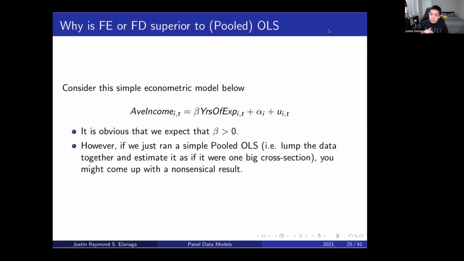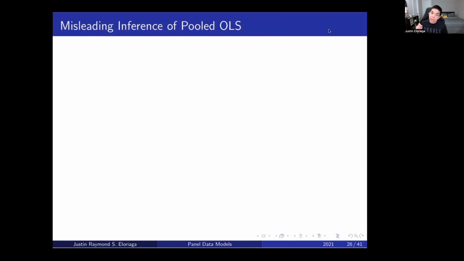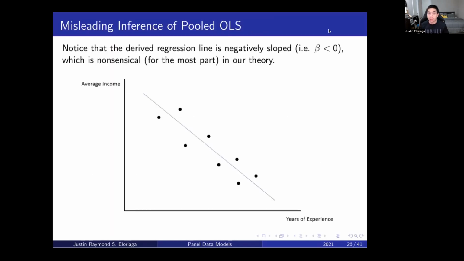However, if we just ran a simple pooled OLS, i.e., lump the data together and estimate it as if we were one big cross-section, you might come up with a nonsensical result, right? And that leads into the misleading inference of the pooled OLS.